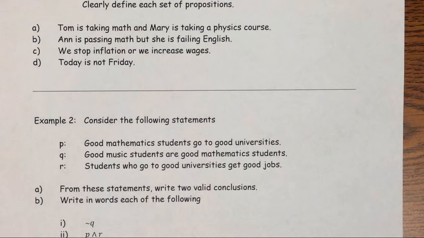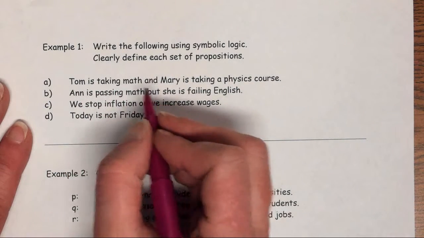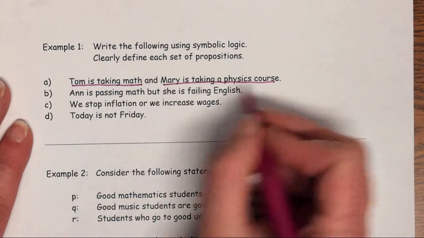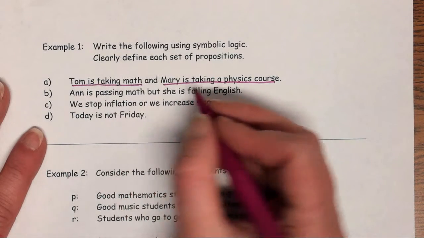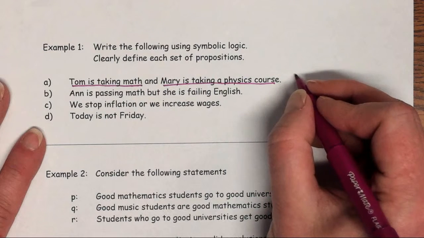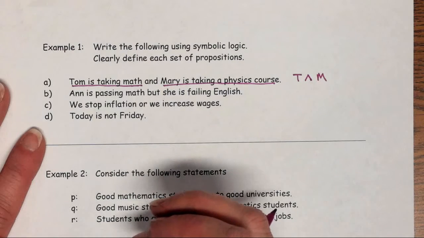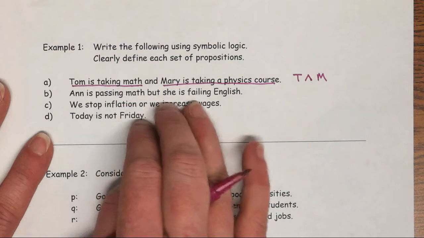So part of what you're asked for is to write statements using symbolic logic, and you have to clearly define each of the propositions. So on part A, if we say Tom is taking math is one part, and Mary is taking a physics course is the other part, let's call this T and this M. So Tom is taking math and Mary is taking a physics course would be T and M. Anne is passing math, but she is failing English.